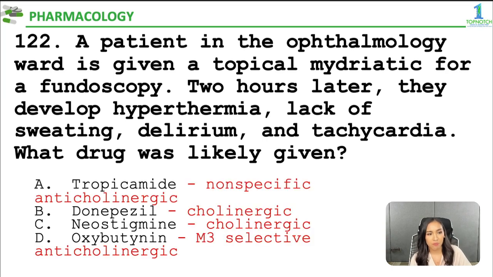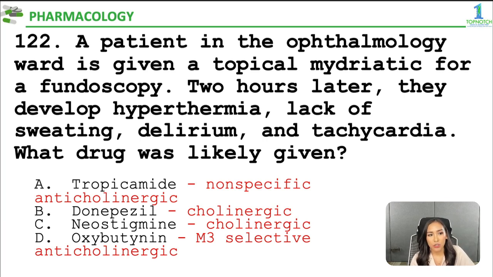So, among the choices, alin dyan ang anticholinergic? Let's look at it. Letter A, tropicamide, non-specific anticholinergic. Letter B, donepezil, cholinergic. Neostigmine, cholinergic also. And oxybutynin, M3 selective anticholinergic. So, as we mentioned earlier, this is anticholinergic poisoning.